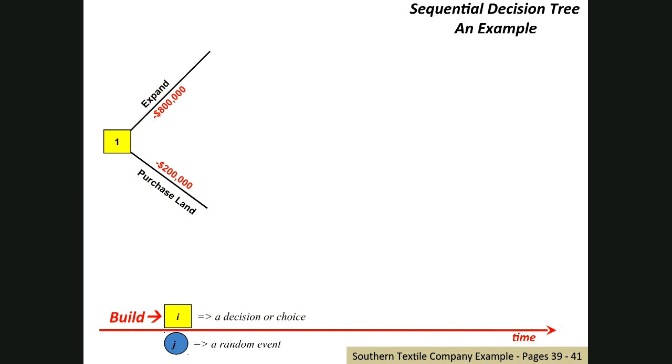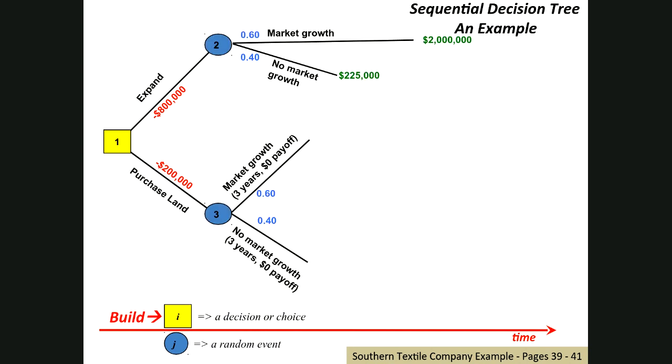Then at the next step, we have a random outcome, and again, that's a random event that's represented with a circle. And of course, any time you have a circle or a random event, you're going to have probabilities associated with those, and so you'll assign your probabilities.